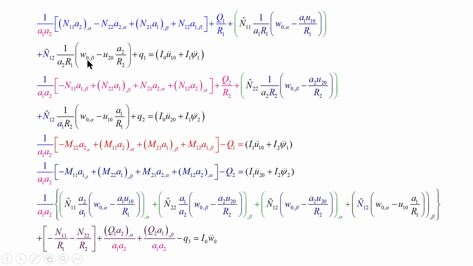So, A1 R1, A2 R2, and the loading term will not contain A1 A2, and similarly the dynamic term will not contain A1 A2. So, in the book Theory of Shells, you will find the final form of the governing equation like this.